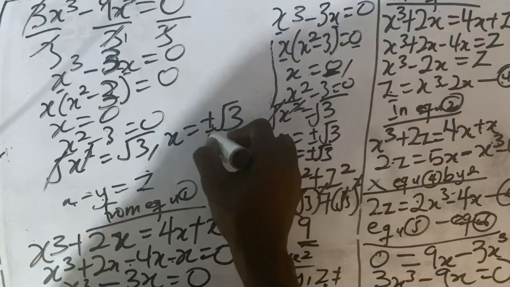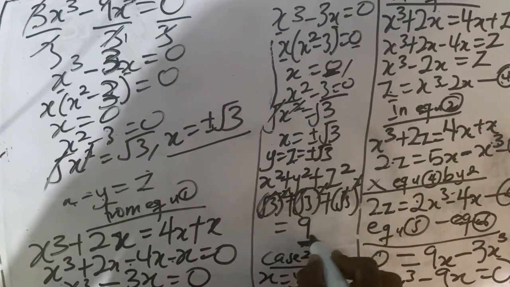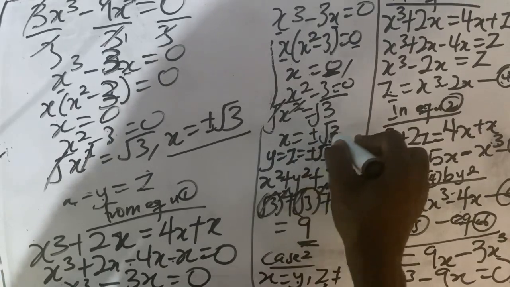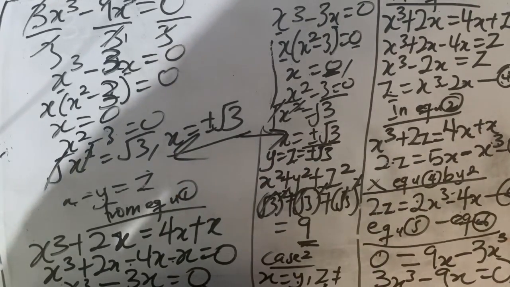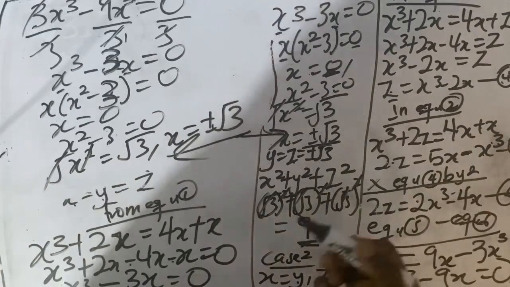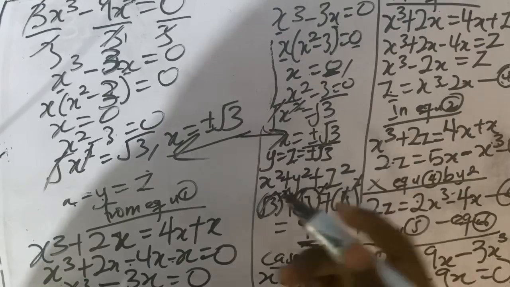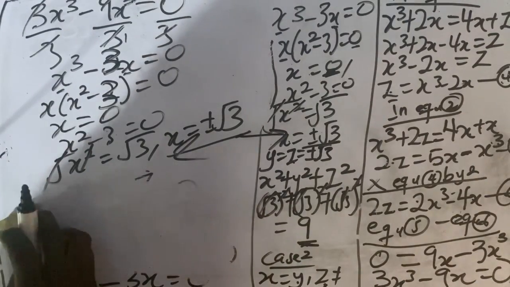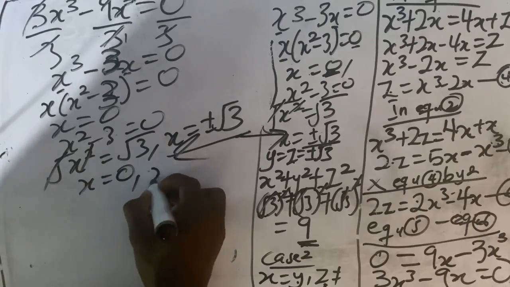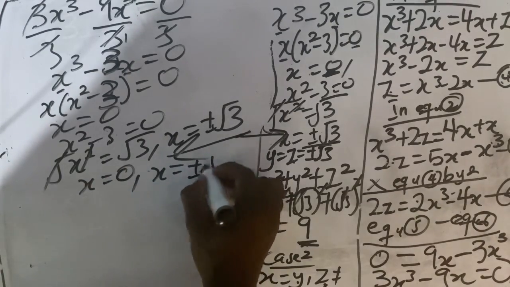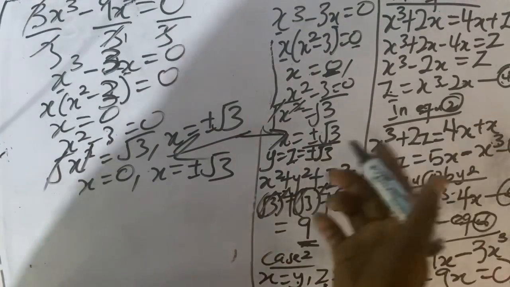Realize that in the first case I had x being equal to plus or minus 3, and I've gotten the same component on this side, right? So this implies that we have x equal to 0, and x equal to plus or minus the square root of 3. These are the possible values of x, y, and z that we can get.